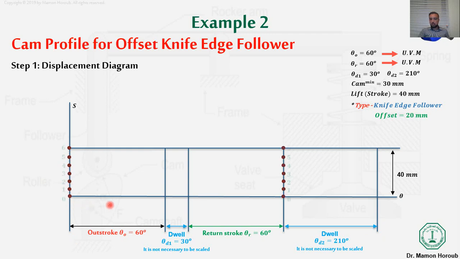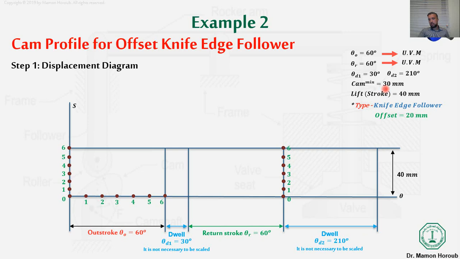The same thing I need to divide here because I will use it later on. After that, I divide this period into 6 pieces, as well as the return stroke into 6 pieces, and I can number them: 0, 1, 2, 3, 4, 5, 6, and on the x-axis 0, 1, 2, 3, 4, 5, 6.